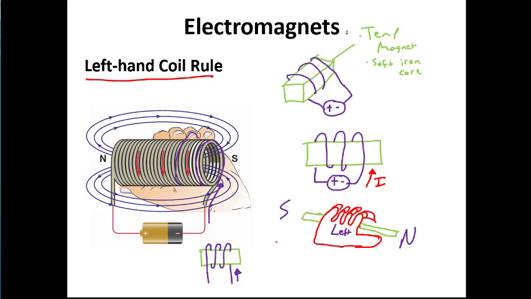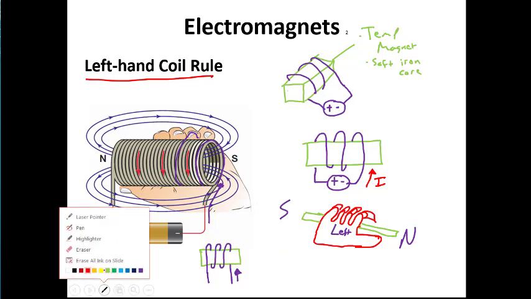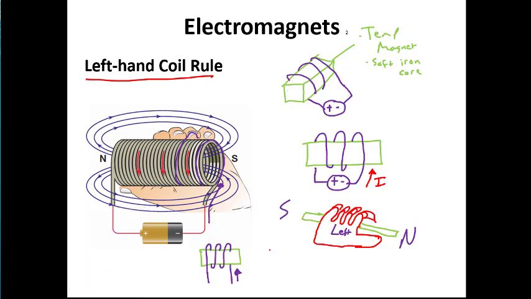And so if we wrapped our hand around this way, what we would find is that our thumb is in this direction.